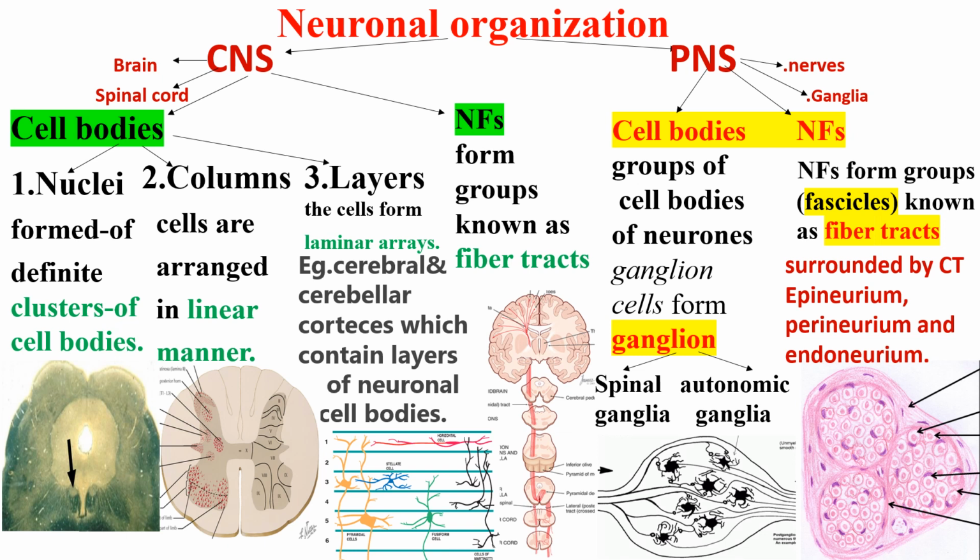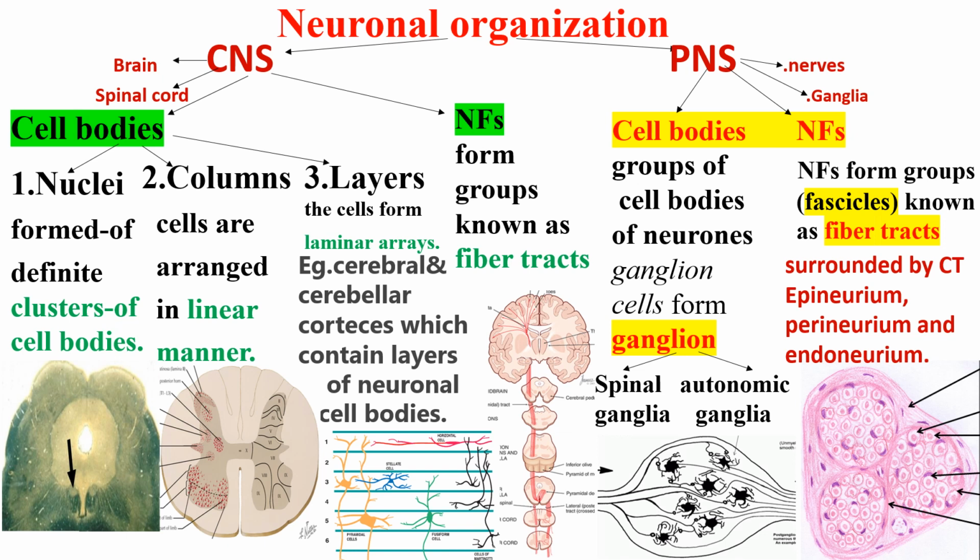An example is the gray matter of the spinal cord. We have in the anterior horn three groups of neuronal cell bodies which runs in columns, عواميد. Column means عمود.